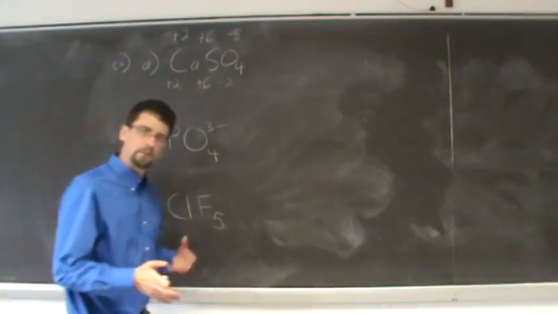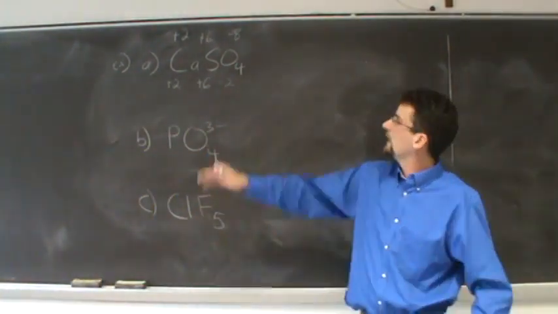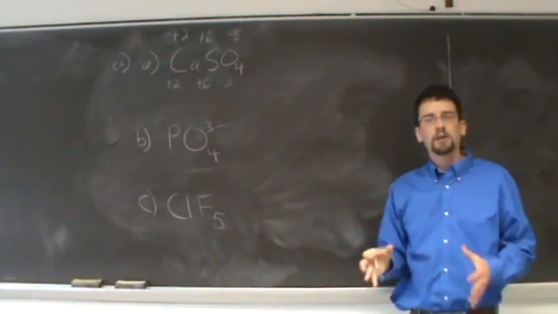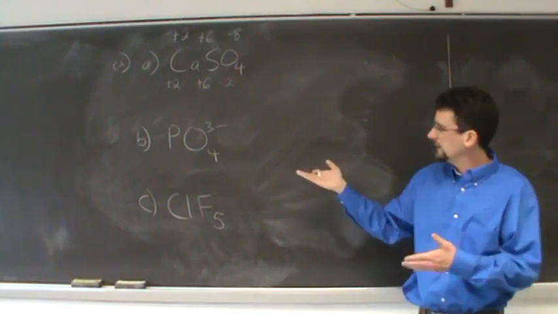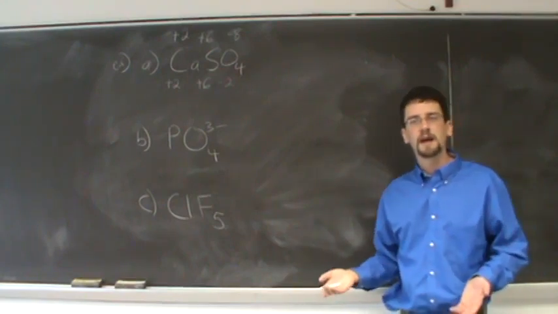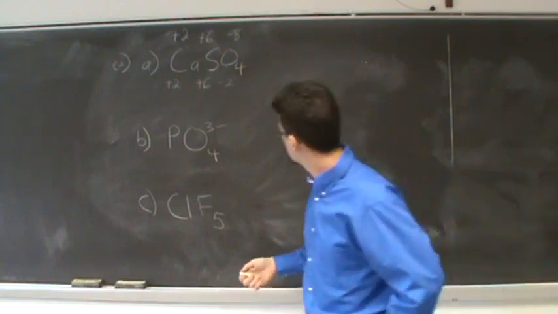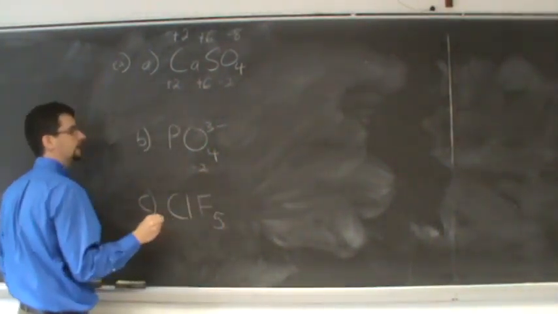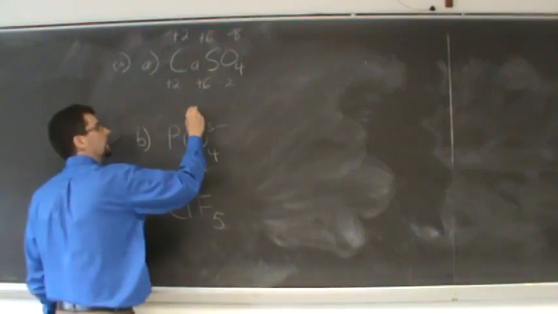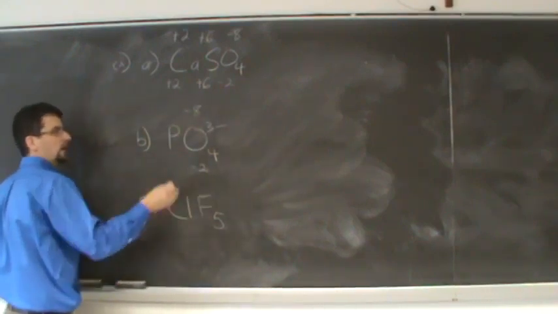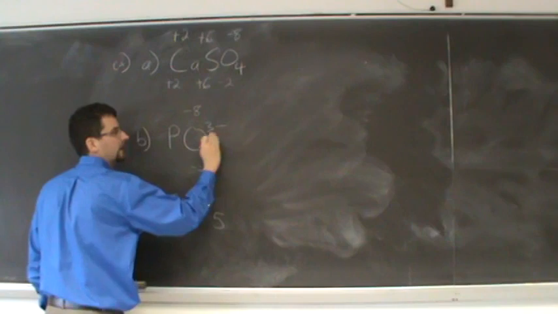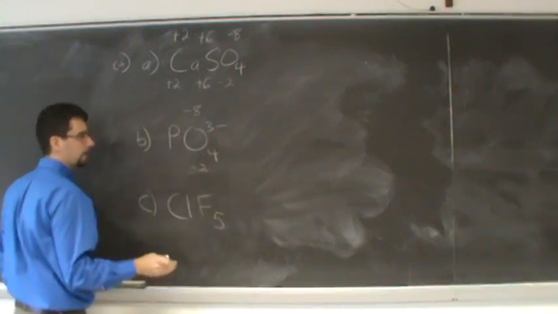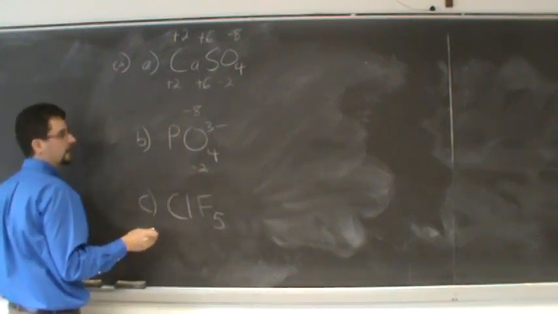What about a system where we have a total charge? In that last one in A, all of the charges balanced out. In the case of B, we have an anion, the phosphate anion. How does that work out? Well, we have a -2 charge for each of our oxygens. Overall, that's going to again be a -8. Now, if you look, we have a charge on our compound here, at least on our anion.